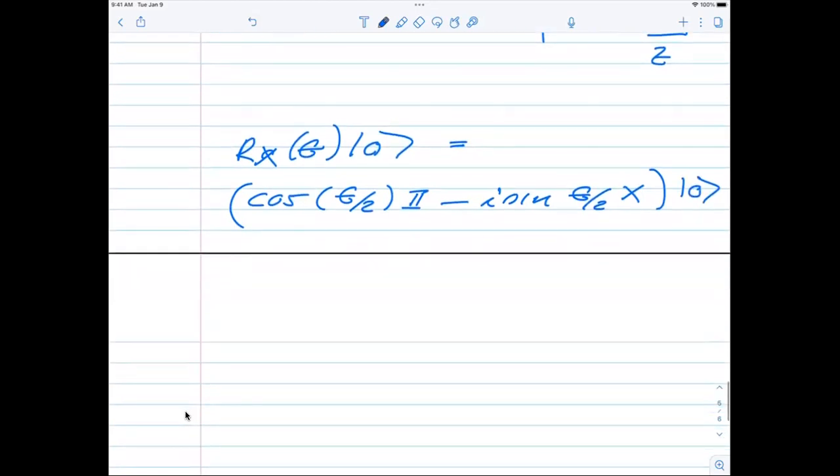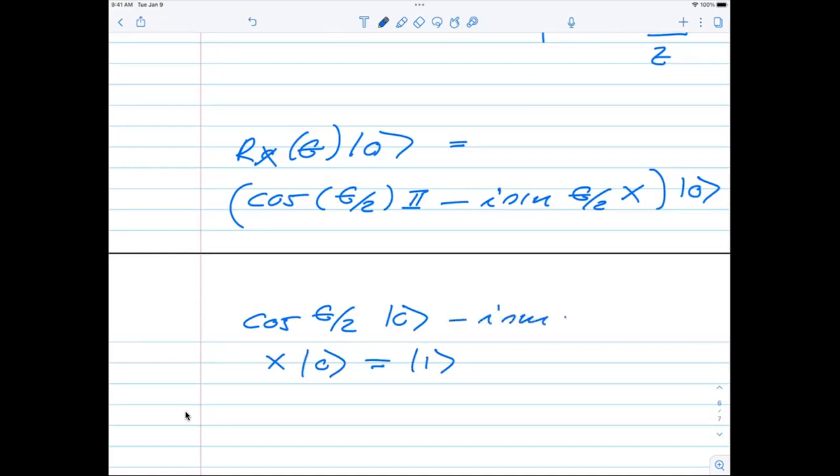I obviously get cosine of theta half multiplied with 0, since the identity matrix just gives us back 0. But then we know that x acting on 0 gives us the state 1. So I get minus a sine theta half of 1, a linear combination of these states.